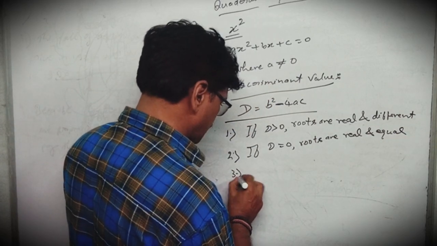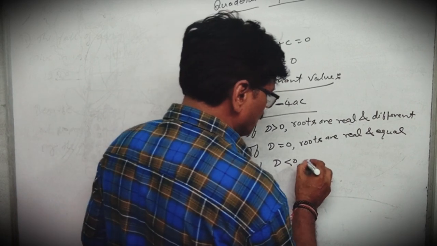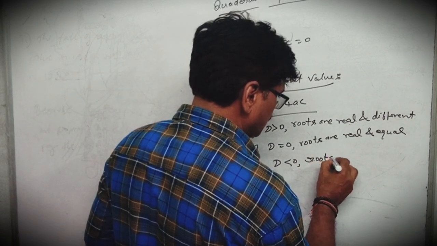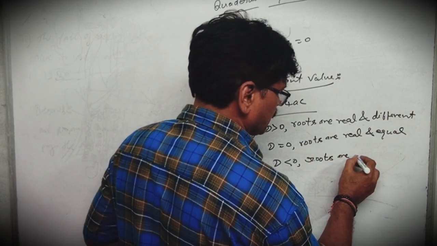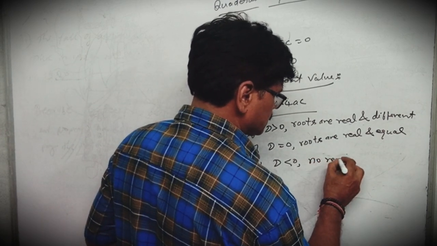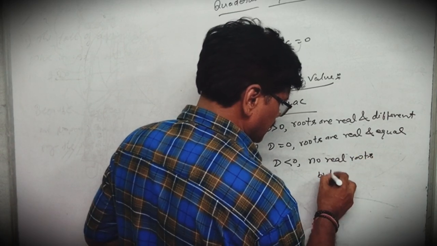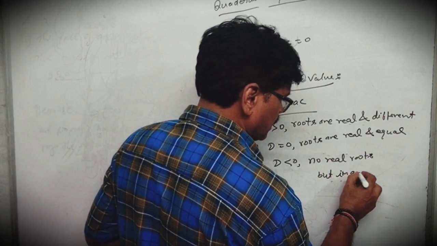Third, if D is smaller than 0, there are no real roots, but imaginary roots.